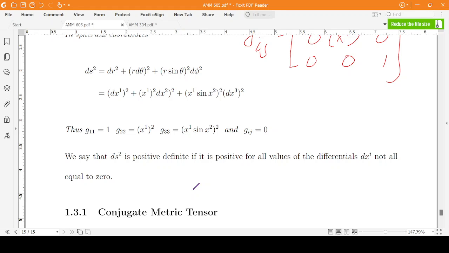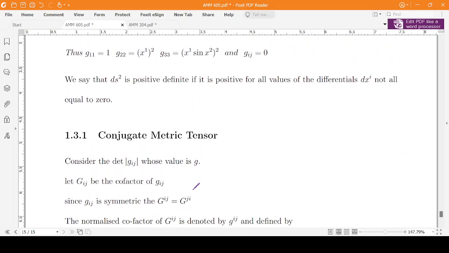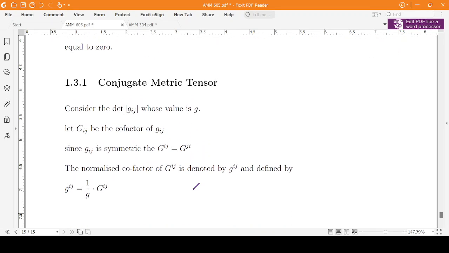Now we say that ds squared is positive definite if it is positive for all values of the coefficients of the differentials dxi, where dxi are not all 0. So we look at the conjugate metric tensors next.